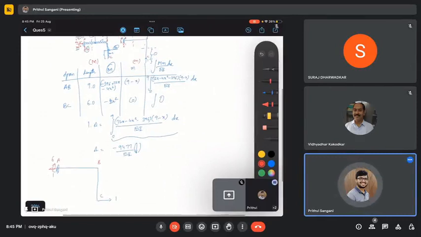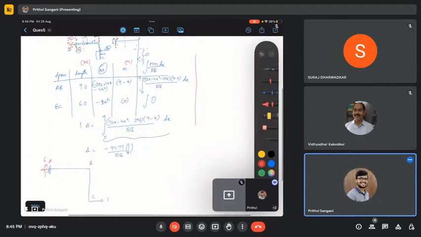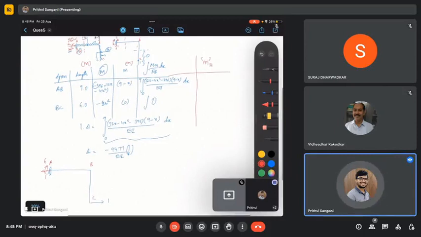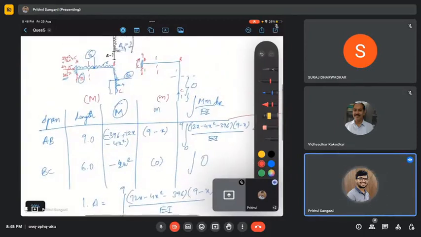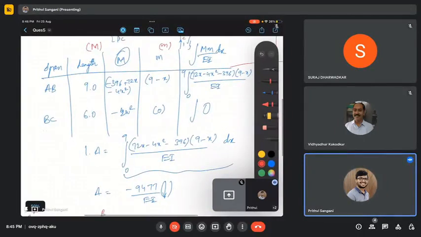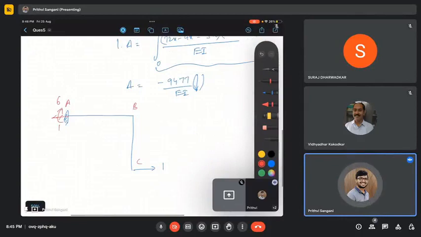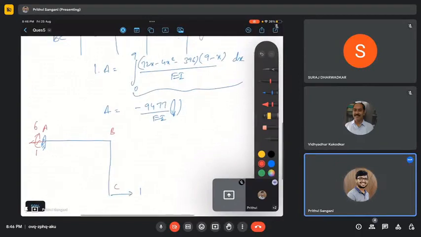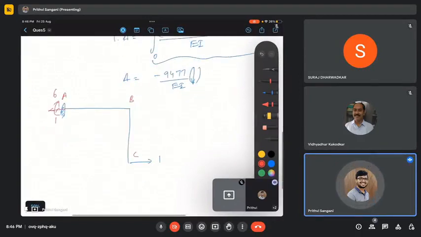So for horizontal N, what happens here? Capital M remains the same because the real beam is the same. I'm not changing anything in the real beam. When it comes to the small m in AB, this is sagging. 6 is sagging. Just again for the sake of explanation, I'll just take AB.